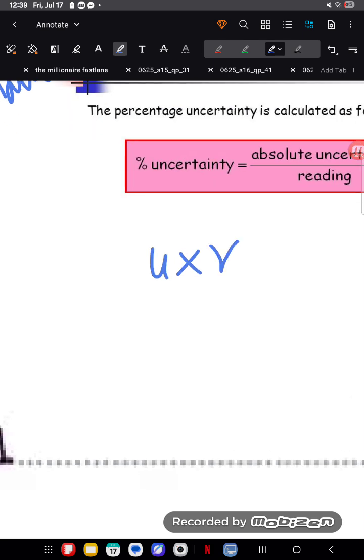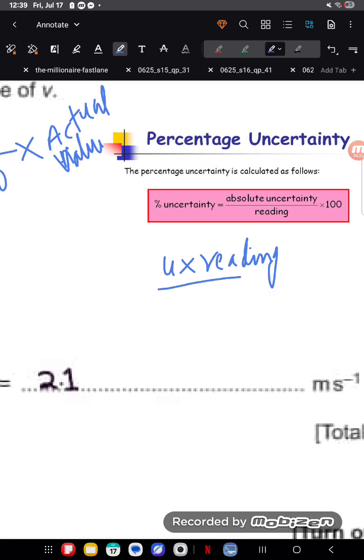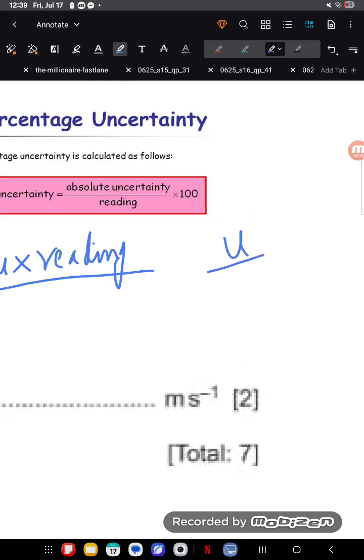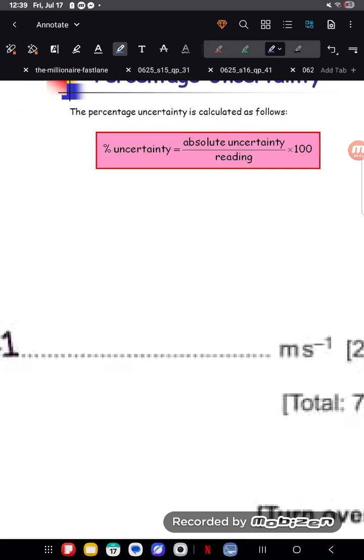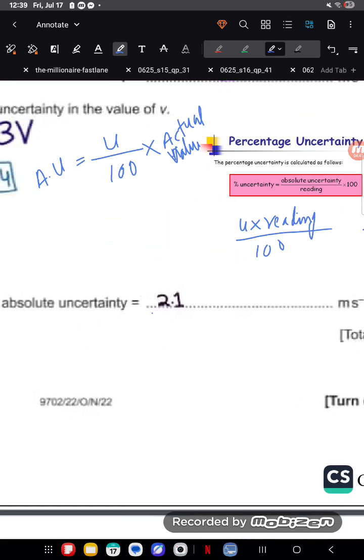Don't get confused about what the word mean: some say actual value or the mean value, it's the same. Now don't ask me silly questions like why it is written here in the formula. Whatever, it's the same. If it is here, you are multiplying anyhow, and dividing by 100. It's the same.